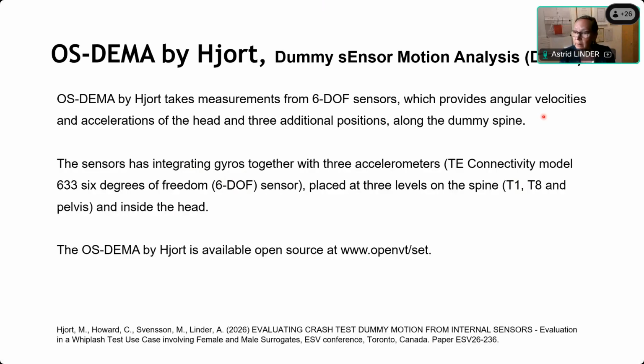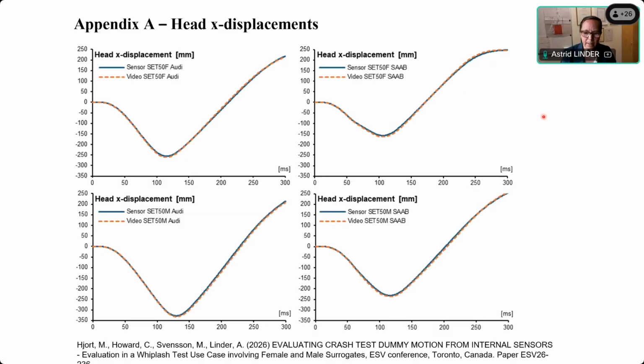It was presented at the ESV conference last week, and here you see the sensor data and the video data, and with a very good agreement throughout the whole duration of the part where we have a focus.